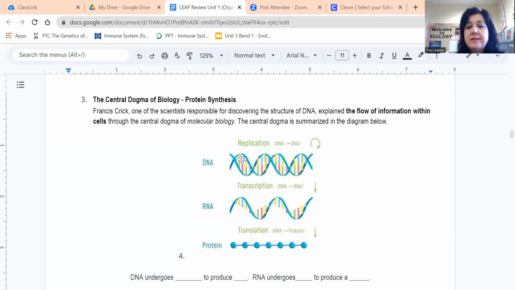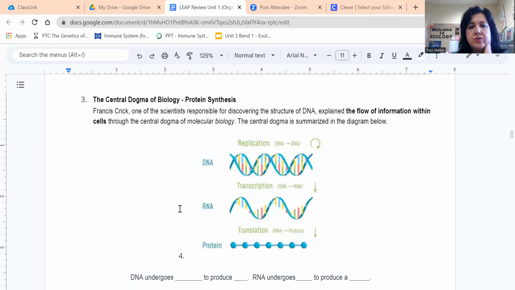And now the process of DNA making a copy of itself is called replication. Okay, and so when DNA replicates, it unzips, kind of like a zipper. The 2 strands come apart, and when they come apart, the replication takes place.